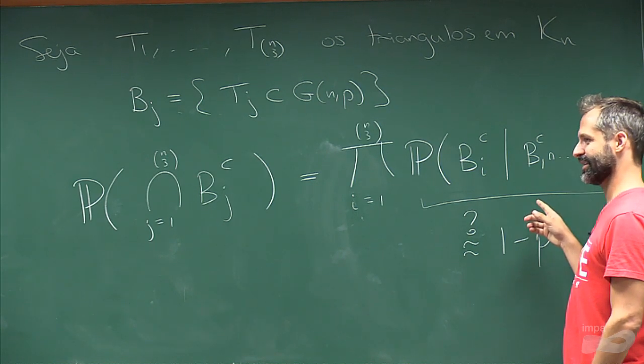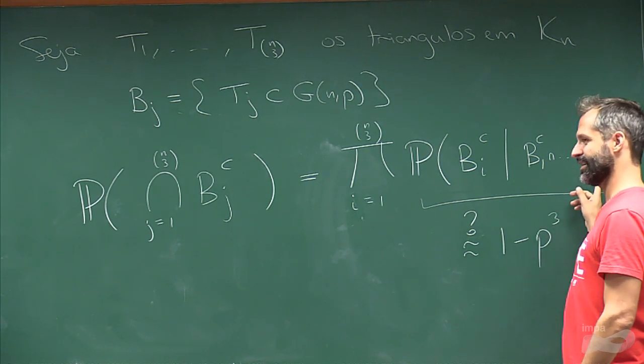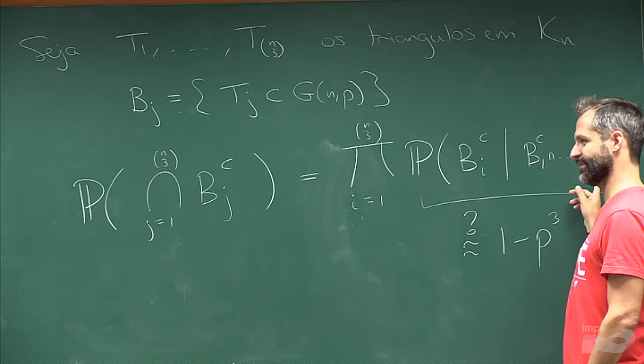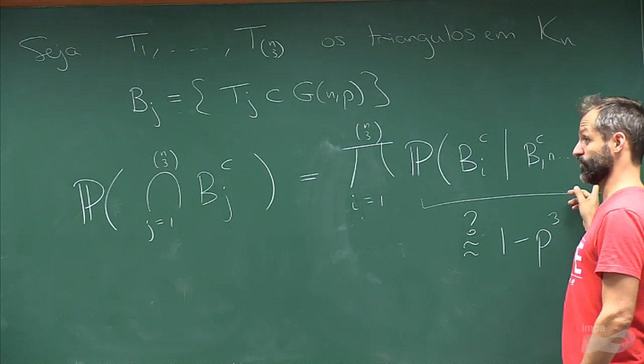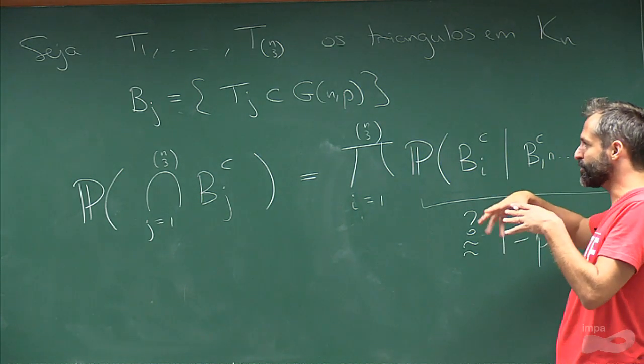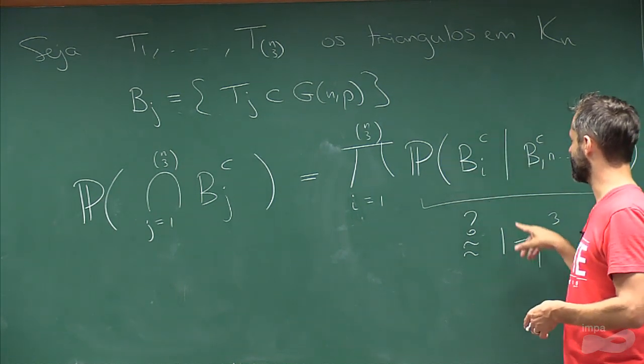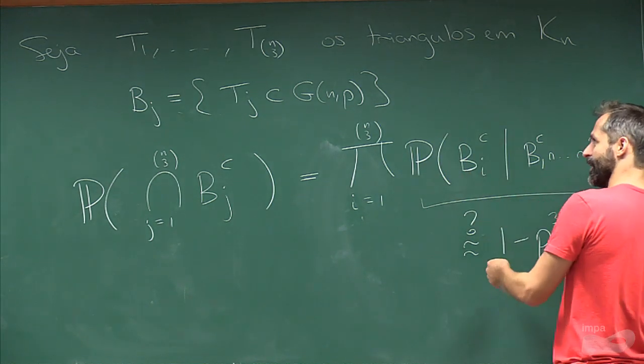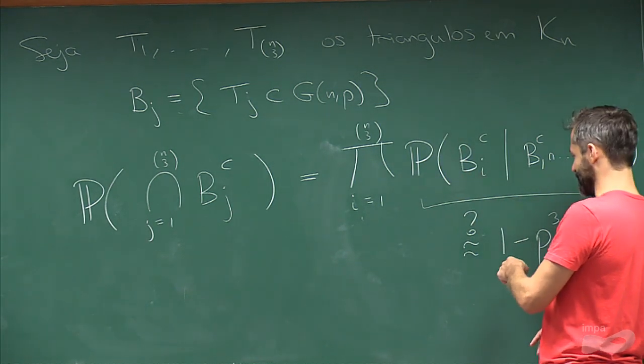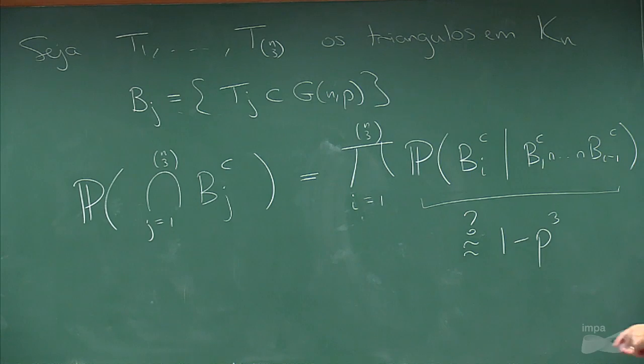If there is intersection with some of the triangles, then you lost some. The edges got a bit less likely. So the triangle became a bit less likely. So the complement became a bit more likely. So it's, yeah, at least this.